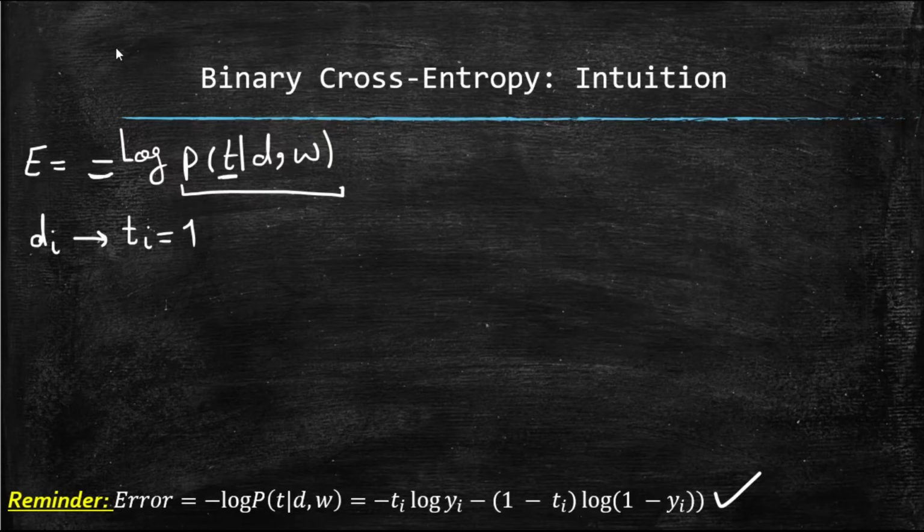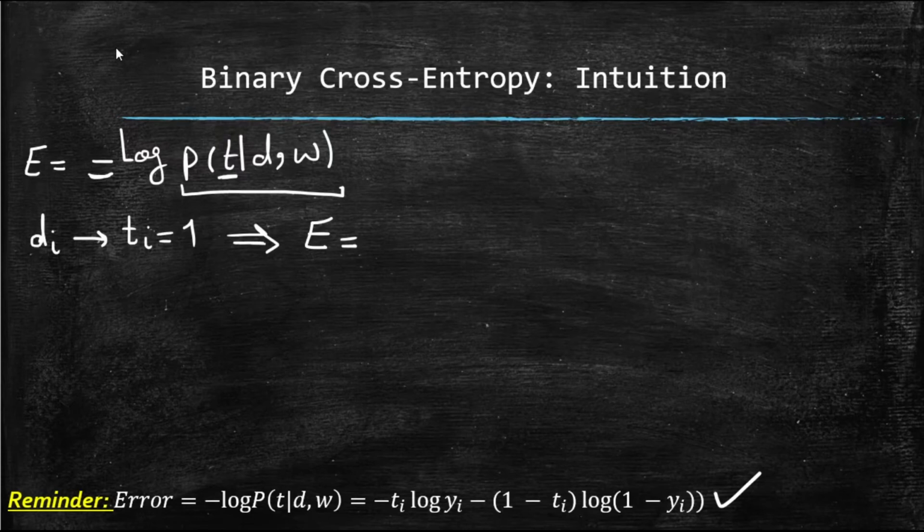But anyways, if I just want to encode this into this whole error function, so by encoding I mean this. So the error function, look at this reminder over here, down there. So t sub I is 1, right? What would happen to this whole error function over here? T sub I is 1, so the second term would be eliminated completely. That would be 1 minus 1, 0. It would just zero out the second part of the error function totally, okay?